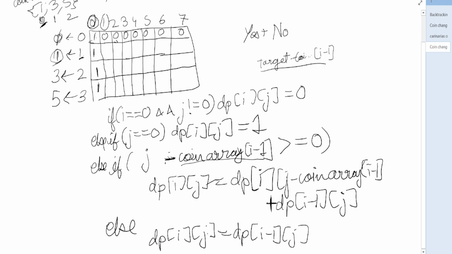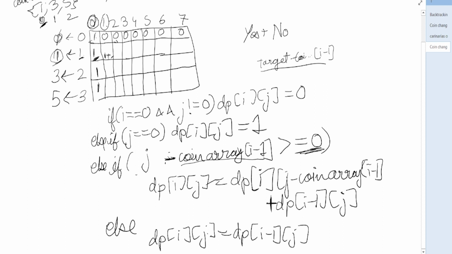See, if we look over here, for the 1 and 1 block, let's check if there is a valid yes part. That means yes, we can take the coin 1. So 1 minus 1 equal to 0. This is greater than or equal to 0. That means there is a valid coin part which is already solved. So now we'll call upon this value.